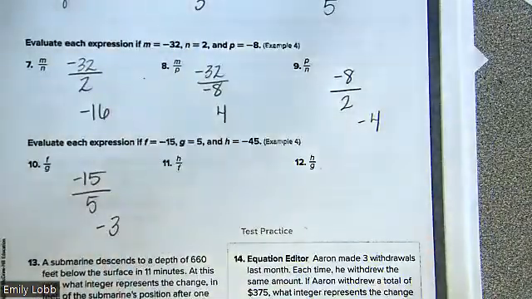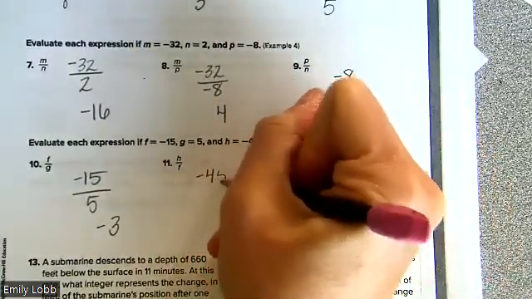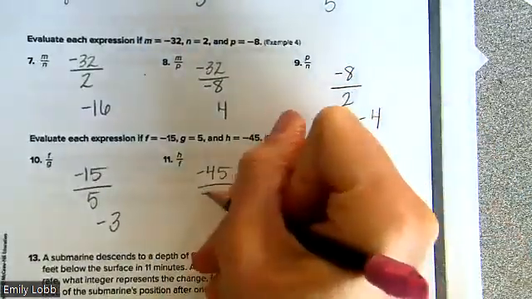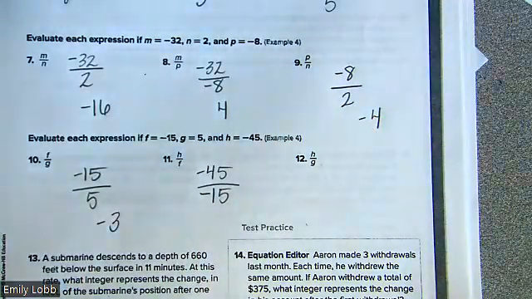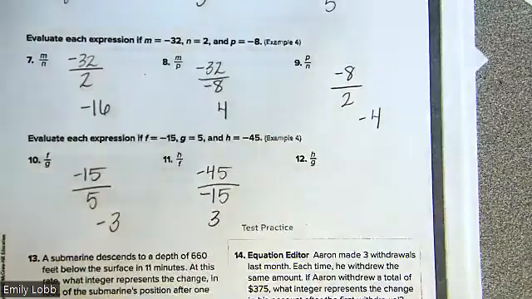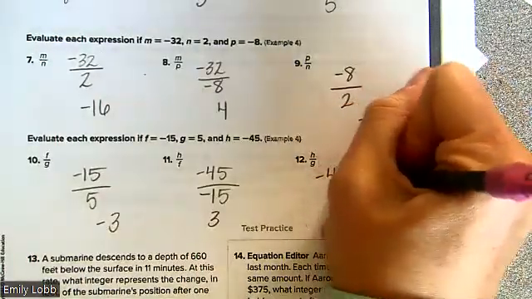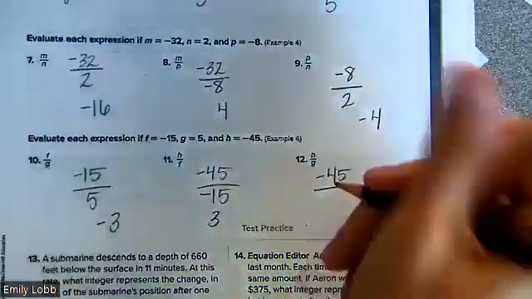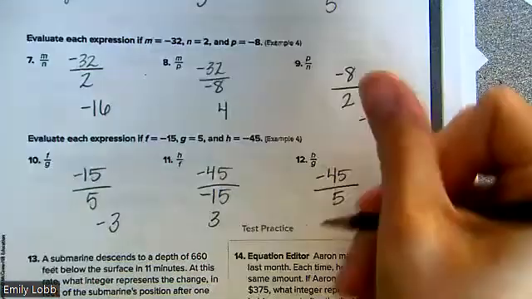Anybody get anything different? We're okay still. H is negative 45. F is negative 15. This one's going to be positive, and it is 3. 3 times 15 is 45. H is negative 45. G is 5. Negative 9.